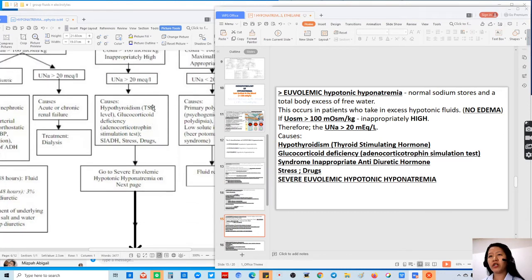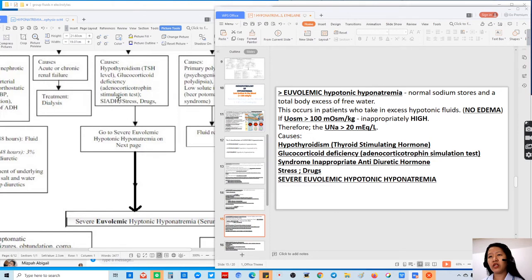And the causes for this may be due to hypothyroidism, or the thyroid stimulating hormone level, glucocorticoid deficiency, or adrenocorticotropic hormone stimulation test, and then syndrome of inappropriate antidiuretic hormone, and then stress, and then drugs.